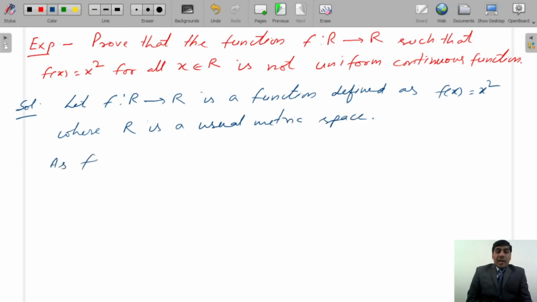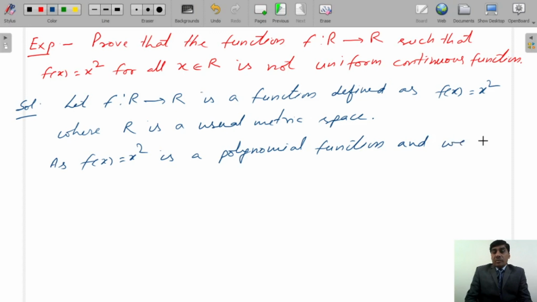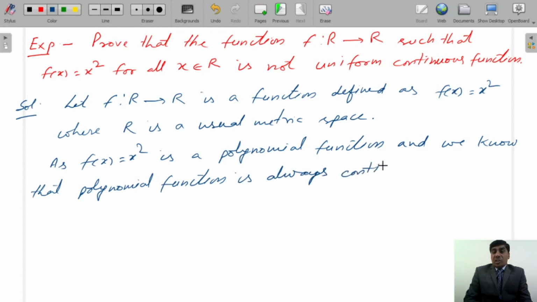As f(x) is equal to x square is a polynomial function, and we know that a polynomial function is always a continuous function everywhere.